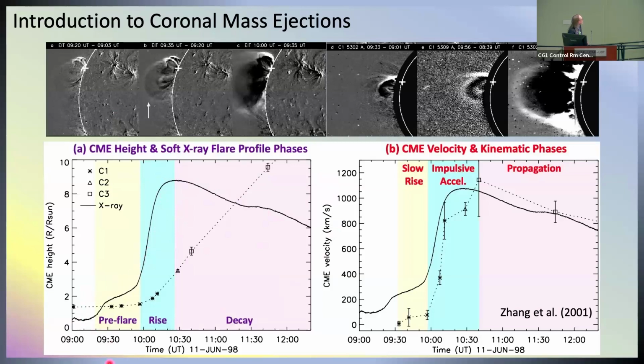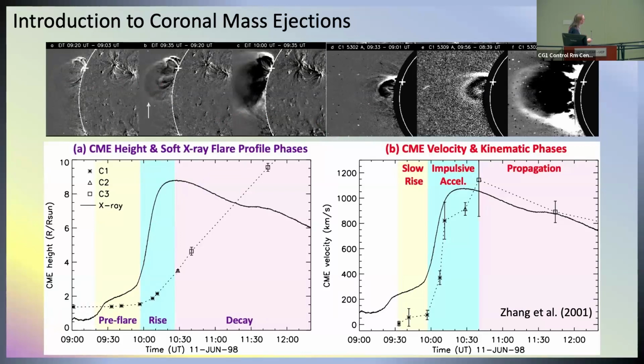Now, what you'll notice is I've also plotted on the same thing here, and actually, I didn't plot it, Zhang plotted it, the height of the CME that's going off at the same time as this soft X-ray flare. This height is of the leading edge of one of these EUV and then white light bubbles erupting.